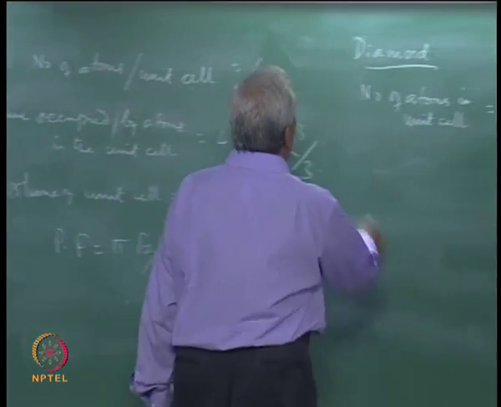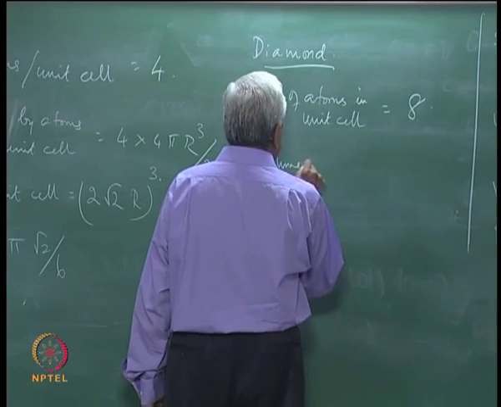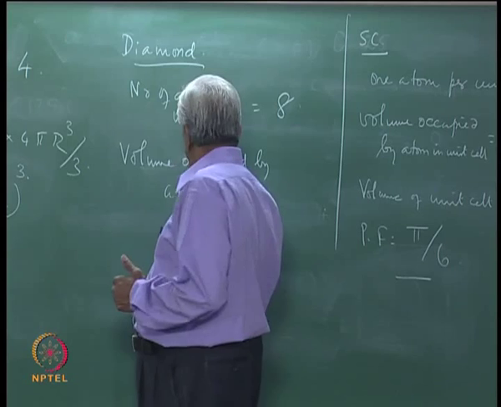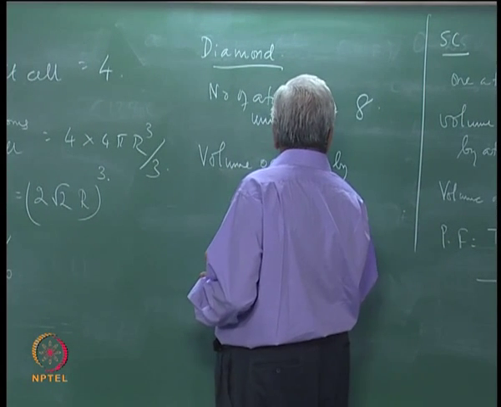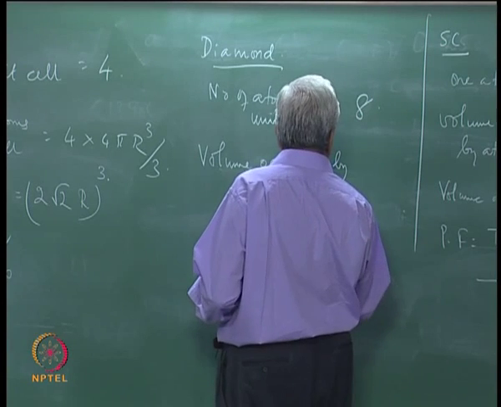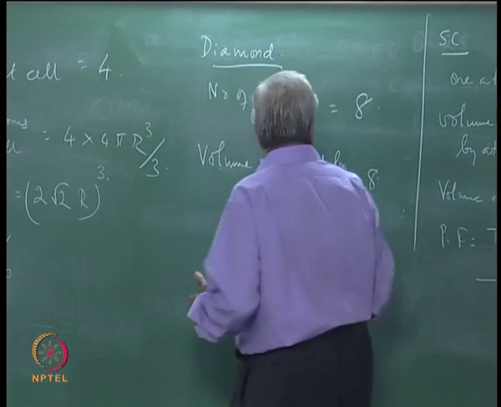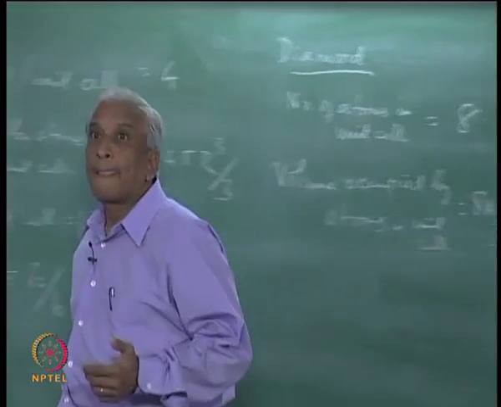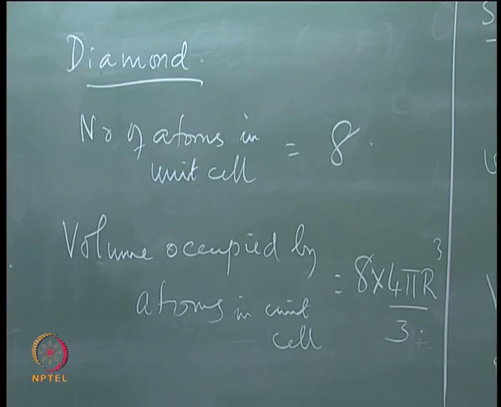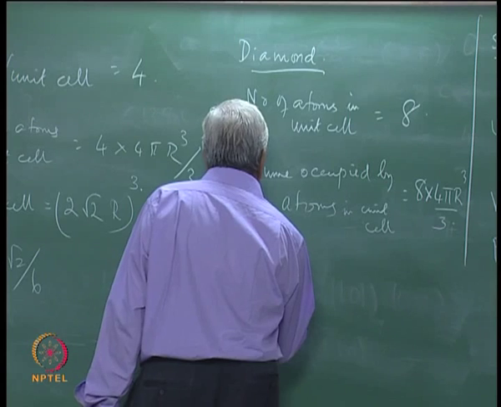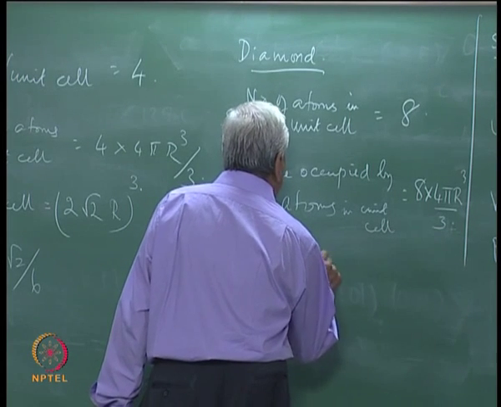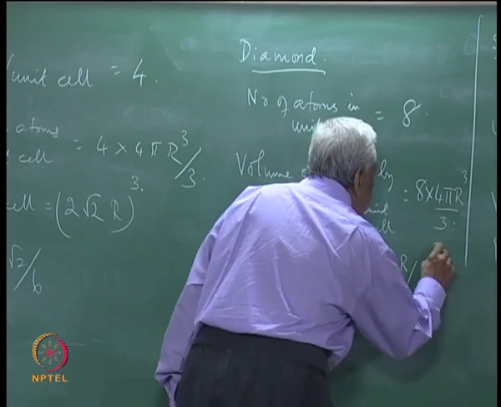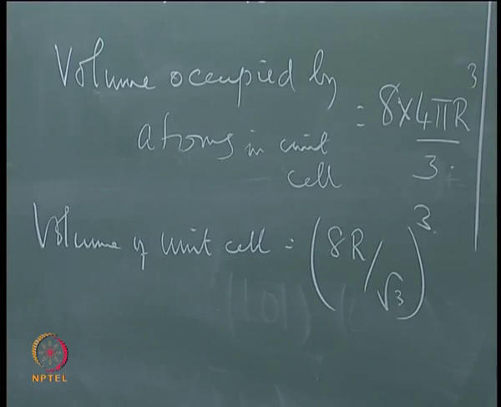So, the volume occupied by atoms in the unit cell is 8 times 4 pi r cube by 3, whereas the volume of the unit cell itself is 8r by root 3 whole cube, as one can readily see.